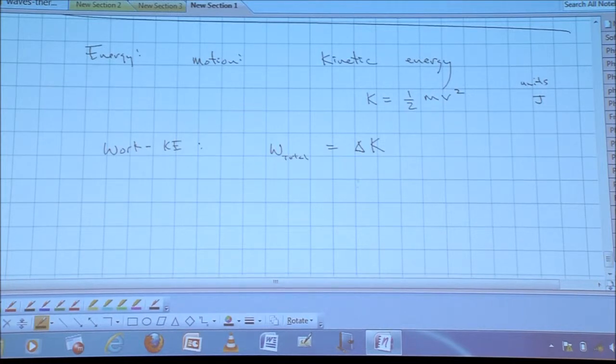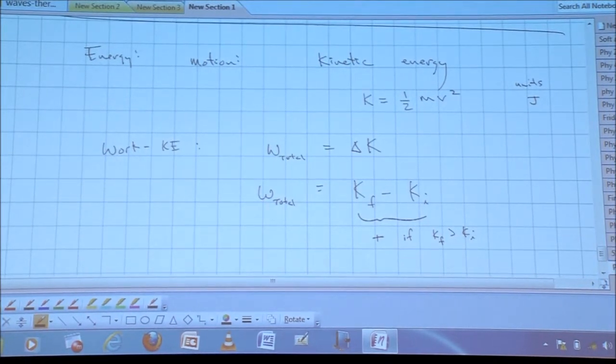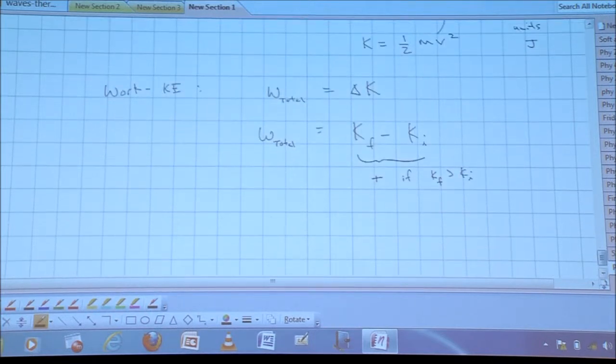So this is the final kinetic energy minus the initial kinetic energy. So if the object has more kinetic energy at the end, then this side would be positive. So our work done on that object by some other forces would have to be positive. So positive work increases kinetic energy.